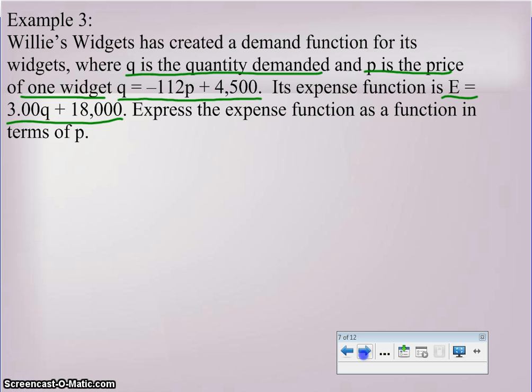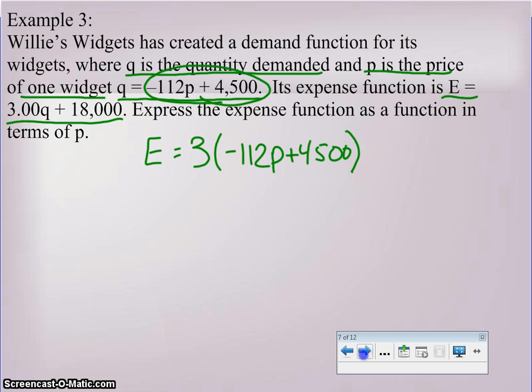Express the expense function in terms of P. So what we're going to do here is we've got E equals 3 times Q. Well, from this equation, I know that this is Q, so I'm going to substitute it in, and then add my $18,000 for my fixed expenses.